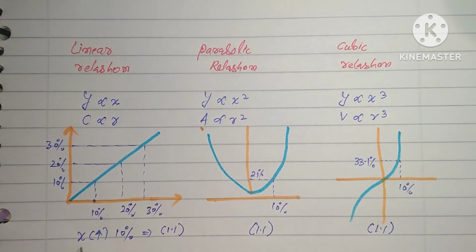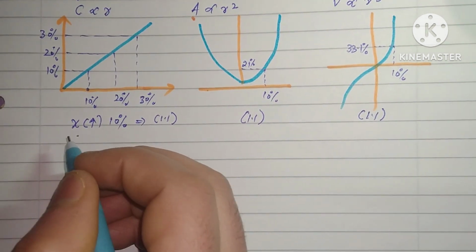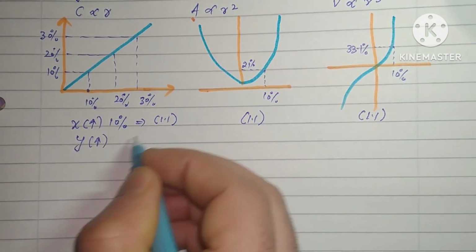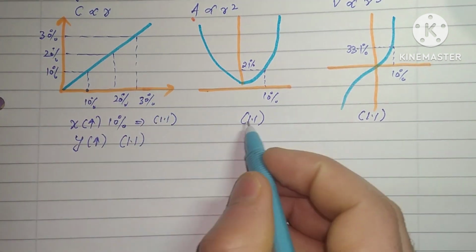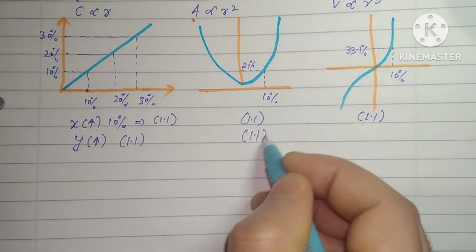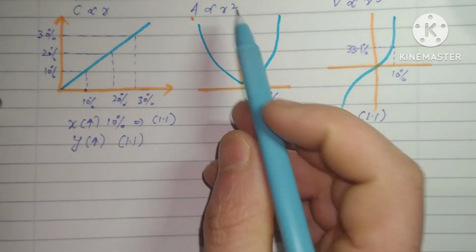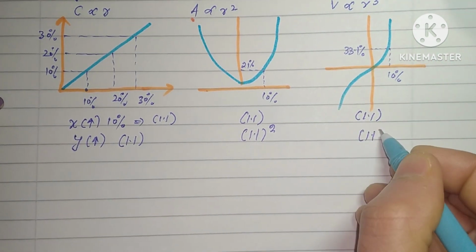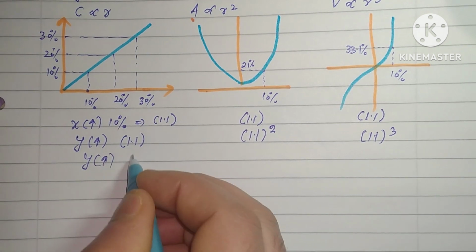Now change in y will be: y increases by 1.1 because it is directly related with x. Here y increases by 1.1 square because it is parabolically related with x. Here y increases by 1.1 cube.